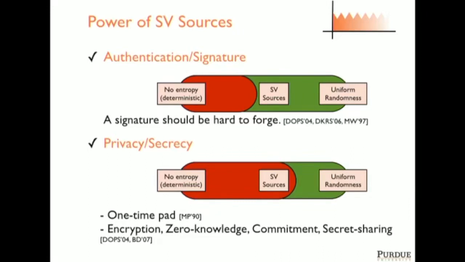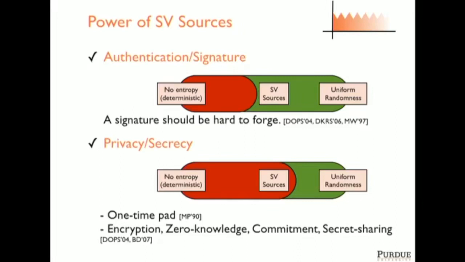If we take the authentication or signature primitives or message authentication codes, the primitives which require authenticity but not privacy guarantees, then as it turns out we can use this SV source and get almost equivalent guarantees as a uniform source. As I'm showing in the capsule, the Santha-Vazirani sources are on the green part. That means we can use them for our cryptographic protocols or implementations and still get the guarantees that we want.